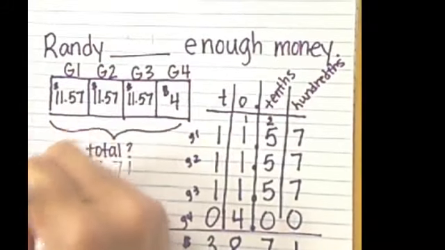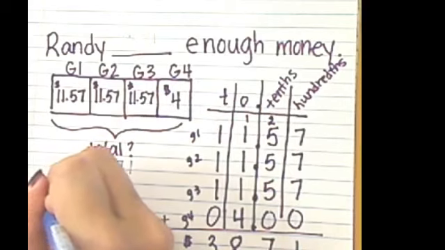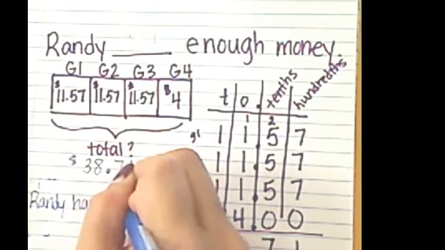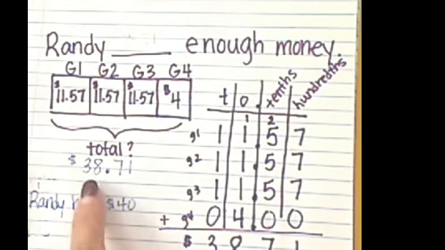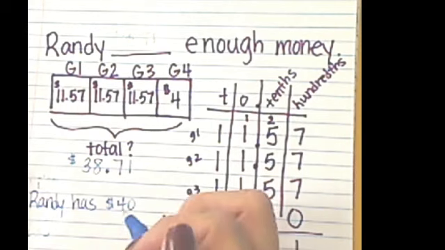So, if Randy has $40, but the total of the games is $38.71, does he have enough money? If you wanted to buy games and it cost $38.71, would you have enough money? Well, let's see.